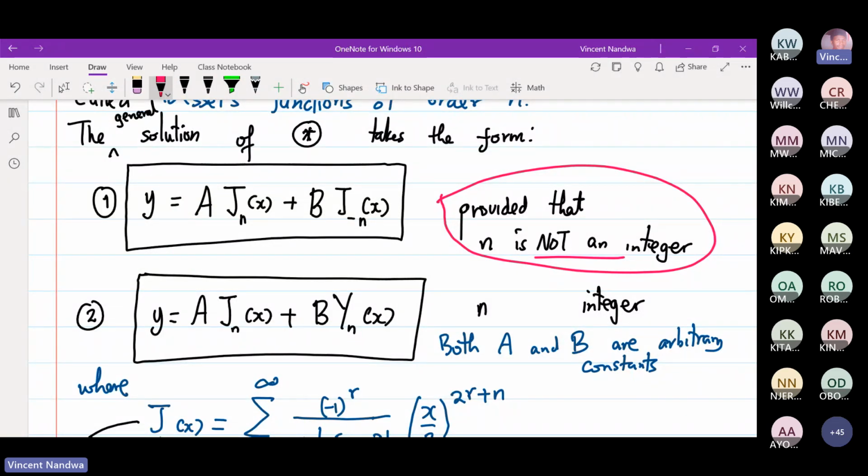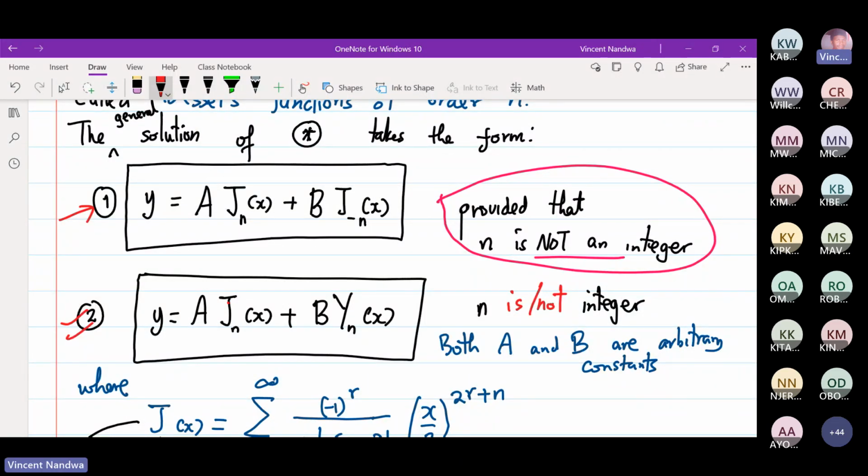So the second case is the generalization of the general solution. In either case, you can use it to write your answer whether the value of n is an integer or not. The second case, where the solution involves the functions J and Y, will be used whether n is an integer or non-integer. But the first case only applies when the value of n is not an integer. So it should be clear from the word go.